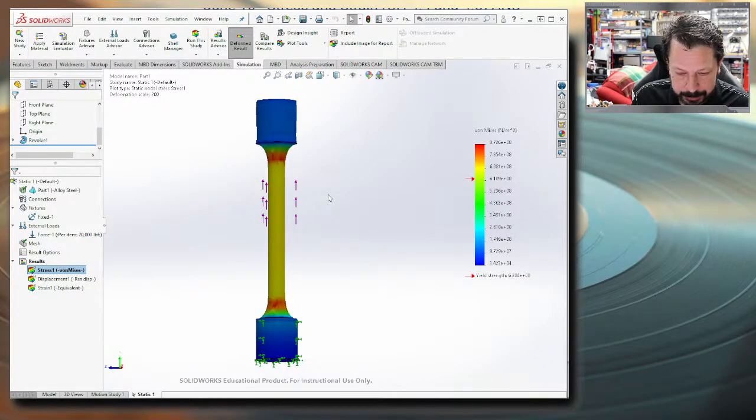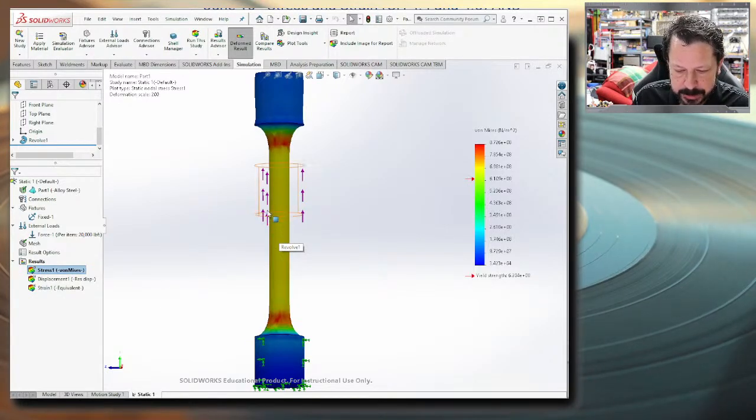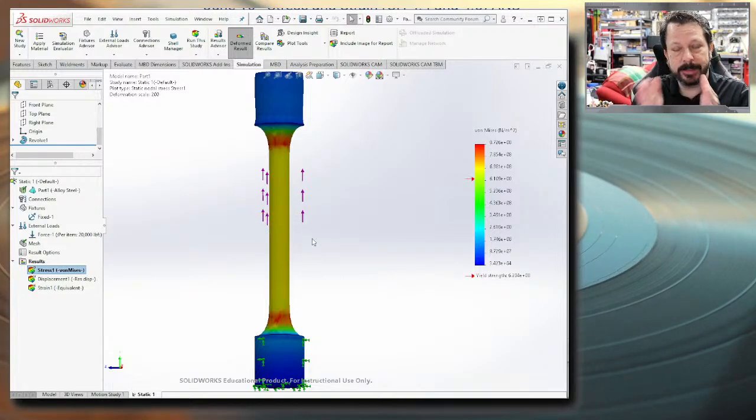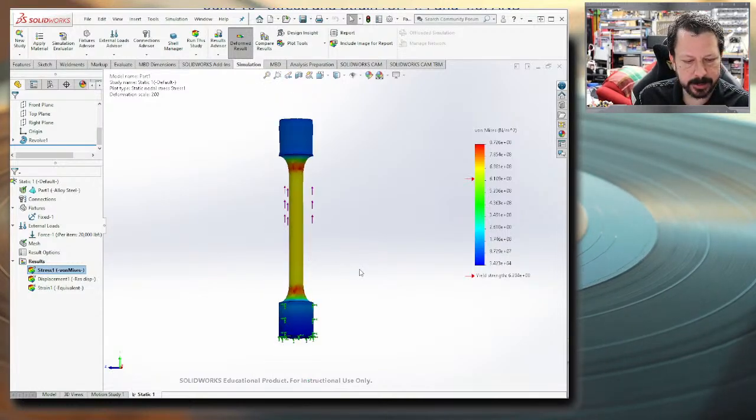What will also happen, that's not really demonstrated very well in our simulation here, is that at some point, not necessarily in the very center, but some point in this gauge region, remember the 2-inch gauge region, somewhere in there, a little neck will begin to form. So it will reduce down even further. This simulation package in Solidworks is not going to really show that very well.